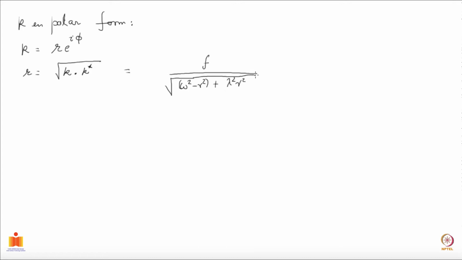And what will be the phase phi? If you take tan phi, you will get lambda gamma over gamma square minus omega square. Okay, that's good.